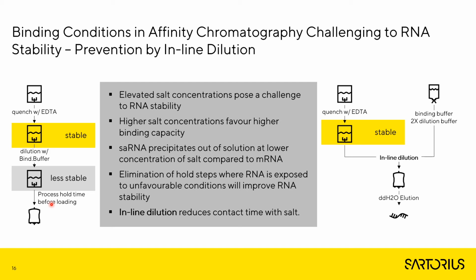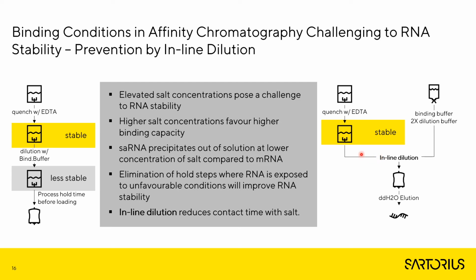This is really easy to overcome with the help of inline dilution, where we follow the same initial procedure of quenching the IVT reaction, and we keep our RNA product in conditions that we evaluate and test that provide a stable environment for the RNA, and we add the high sodium chloride concentration by a method of inline dilution.